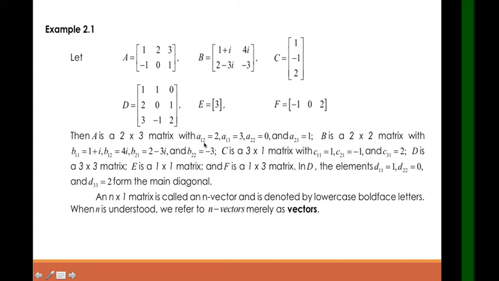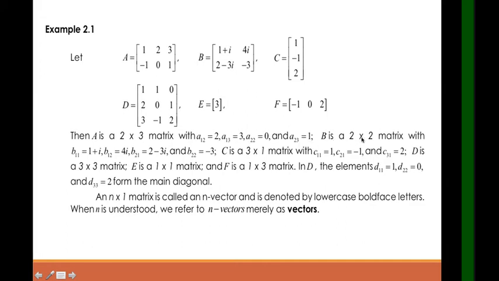Am I right? Yeah. First row, second column is 2. First row and third column is 3. For A22, that's second row and second column, that's 0. And second row and third column is equal to 1.